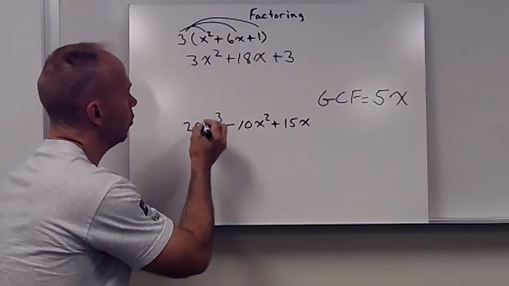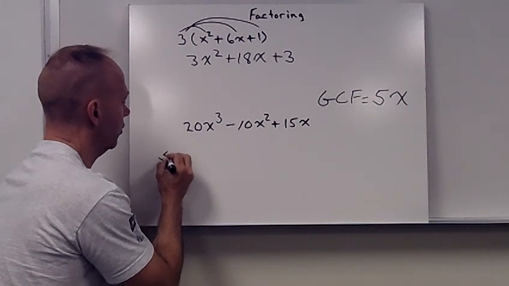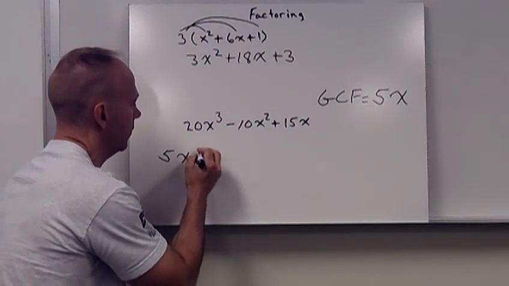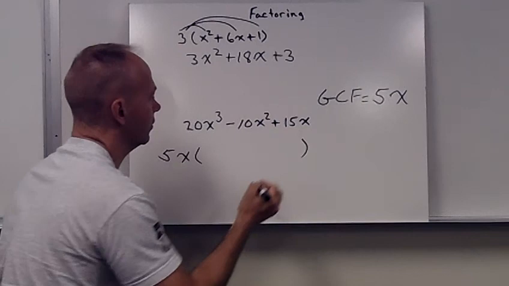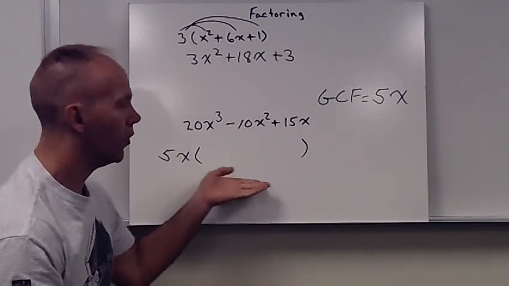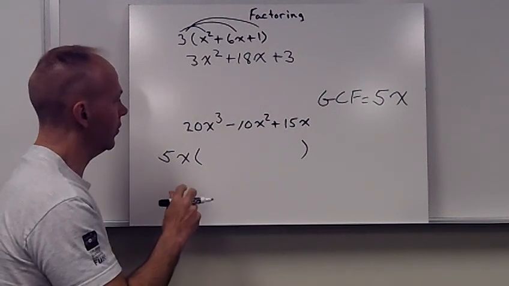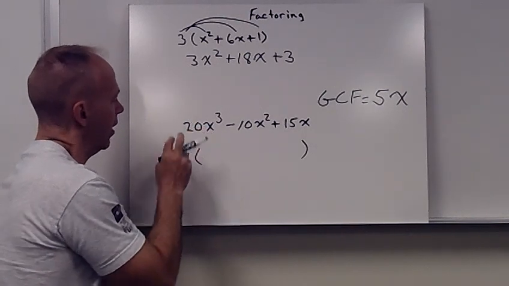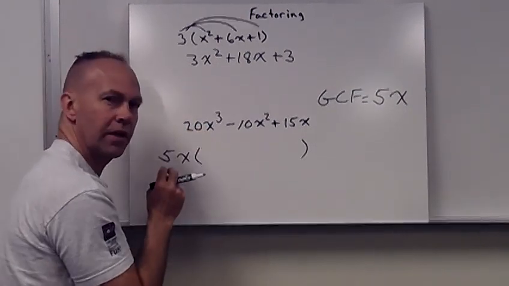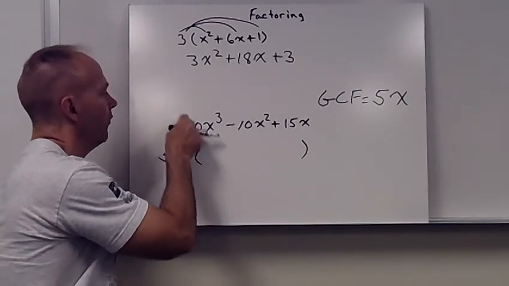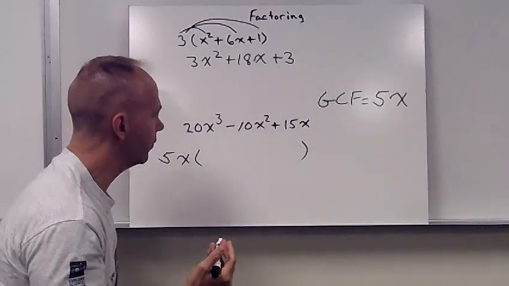So that is what is going to be pulled to the outside. And I've got to write what is left. And if I start with the trinomial, I'm going to end with the trinomial. A couple ways to look at this. You can say, okay, if I factor 5x out of 20x cubed, what is left? Pull a 5 out of 20, what's left?